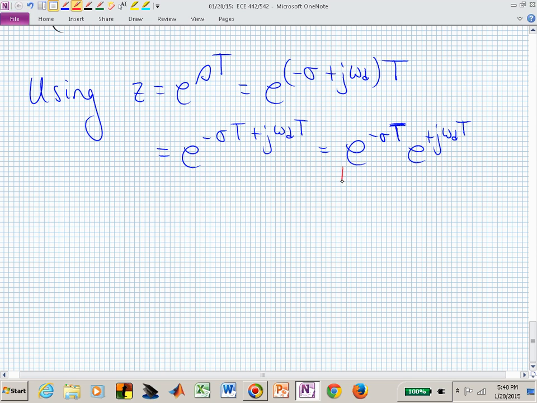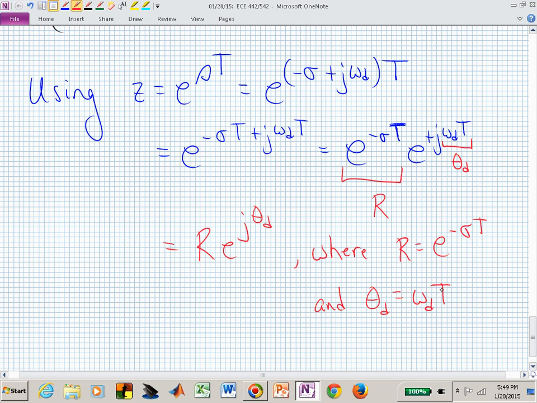And this now looks like some magnitude, some value in a polar form number, and this is some angle theta sub d, meaning we now have an r e to the j theta sub d, where r is equal to e to the minus sigma t, and theta sub d is equal to omega sub d t.